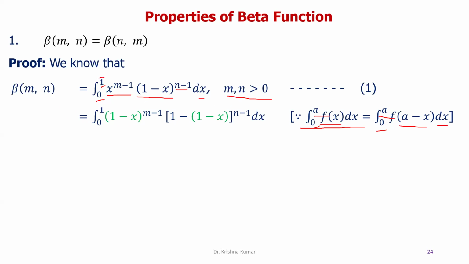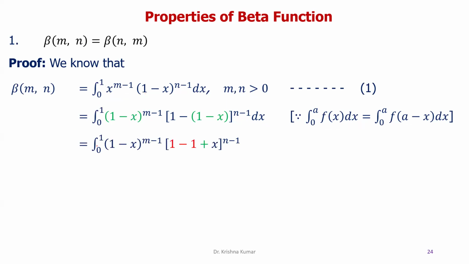Now here the upper limit is 1, so x can be written as 1 minus x to the power m minus 1, and this 1 minus x is replaced by 1 minus (1 minus x) to the power n minus 1 with respect to x, which can be written as the integration under the limit 0 to 1 of (1 minus x) to the power m minus 1. This plus 1 and minus 1 will cancel, and we have x to the power n minus 1 with respect to x.